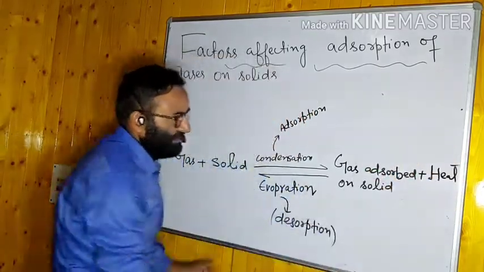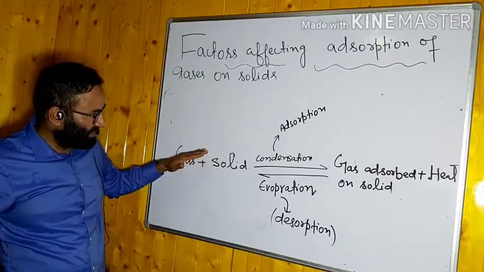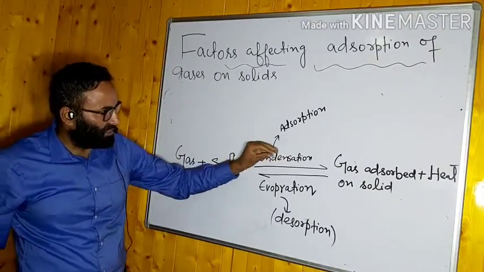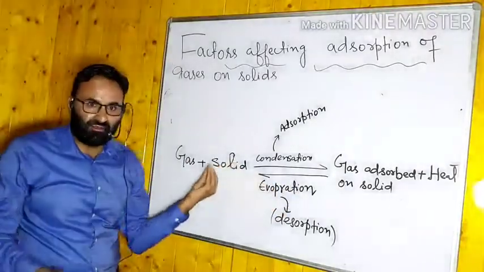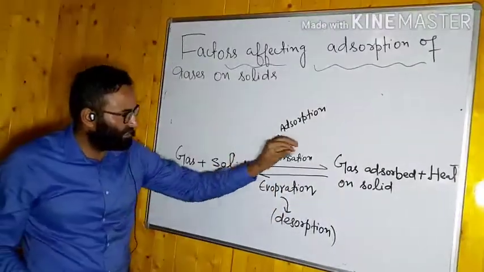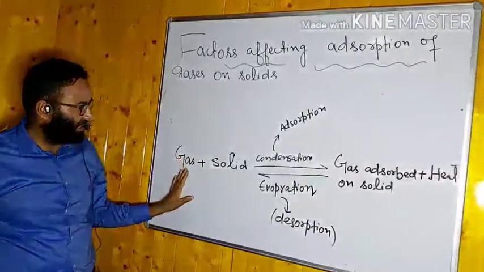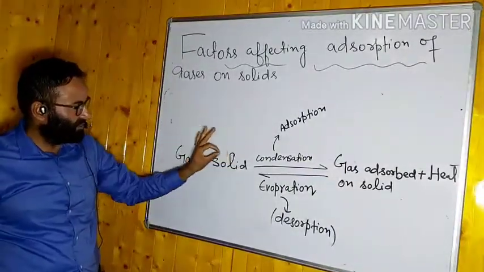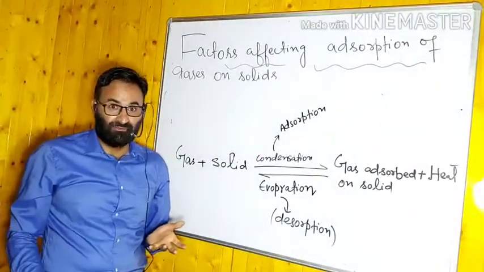We write plus heat. This is the way. It means that the forward process, the condensation process, the adsorption process, is exothermic in nature. While the backward, definitely in an equilibrium, as we have discussed, if the forward is exothermic, the backward will be endothermic. Remember this point: the forward process, adsorption or condensation, is exothermic in nature.